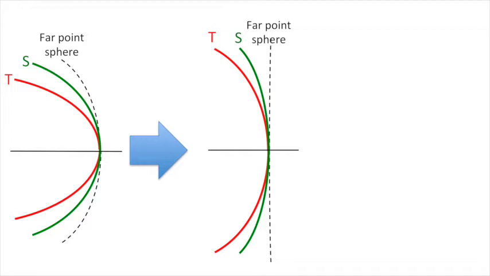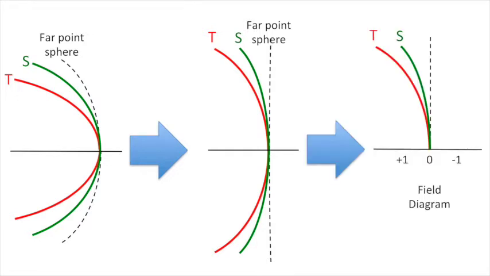We can go one step further and acknowledge the symmetry of these curves and end up with a diagram which we refer to as the field diagram. It is simply a plot showing the relationship between the rotation of the eye behind a spectacle lens and the sagittal and tangential errors. And of course, as you can see, these increase with increase in rotation.